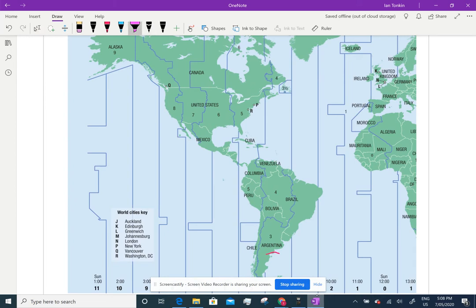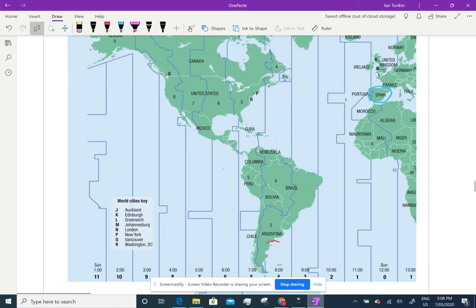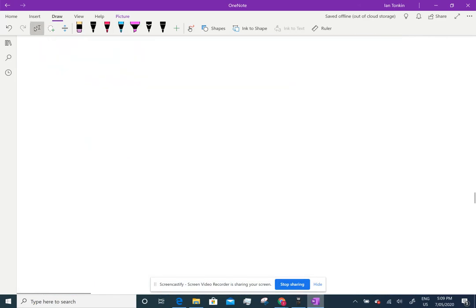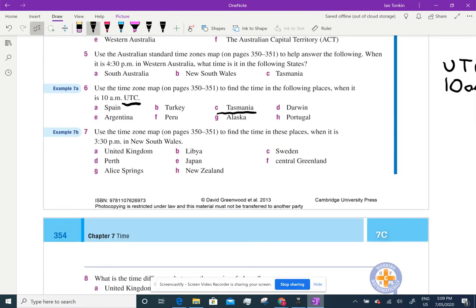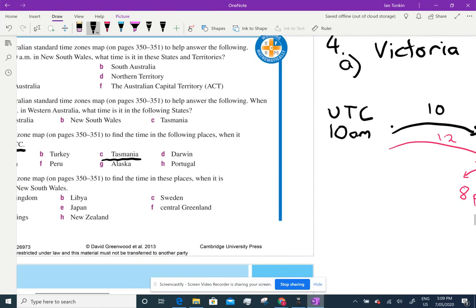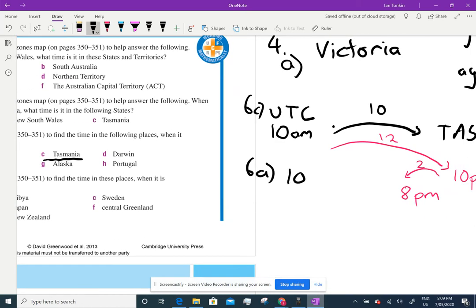Here's Spain. And Spain is 0. So Argentina's 3 hours behind and Spain is in the same time zone. So let's go back and do those 2 questions. That was 6C, 6A, Spain. It's 10 a.m. in Greenwich. Well, it's in the same time zone, so 10 a.m. in Spain.